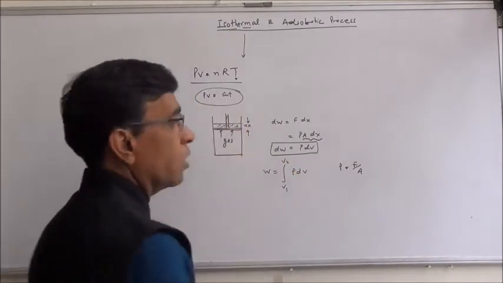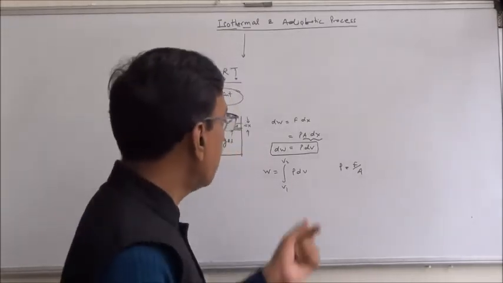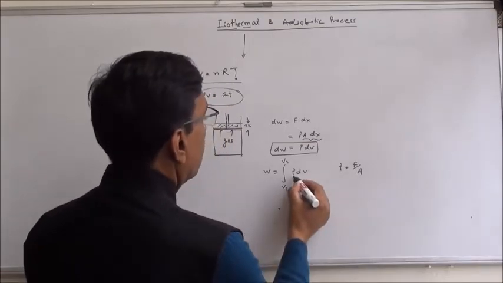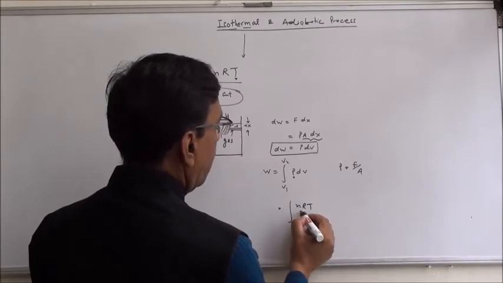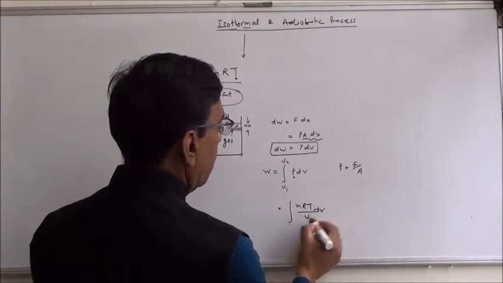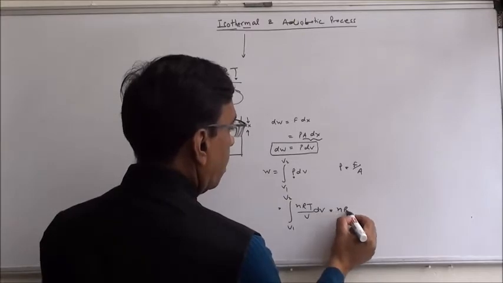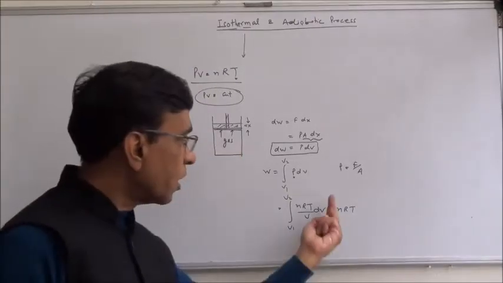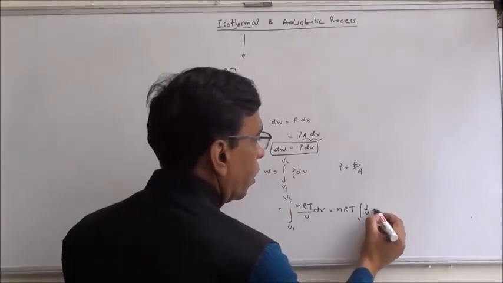Now coming back to this isothermal process where PV is equal to constant, I can just write the expression for P. P is, for an ideal gas, nRT by V dV from V1 to V2. nRT constant, isothermal process means even the temperature is constant, so it can be taken out of the integral sign and we are left with 1 by V dV.